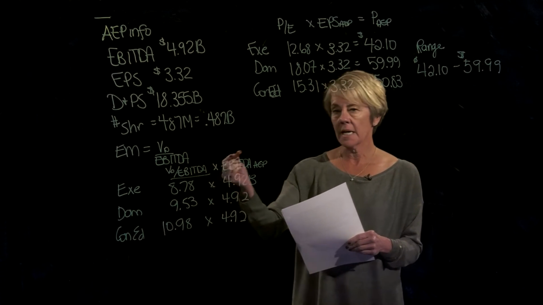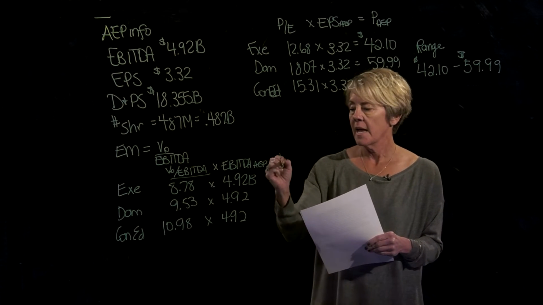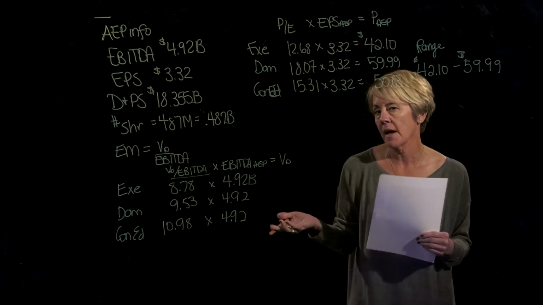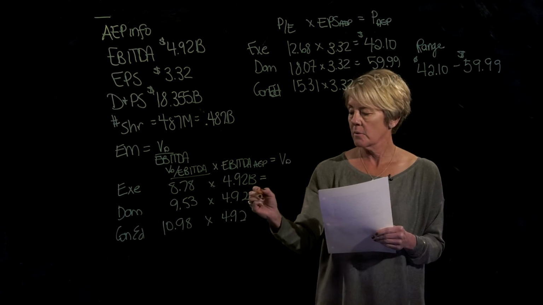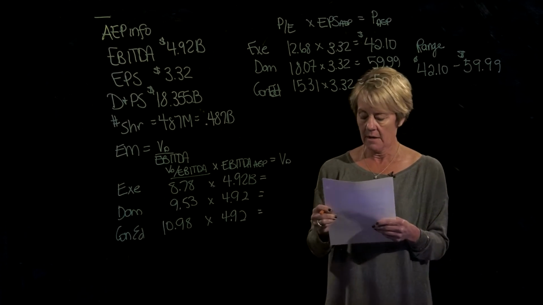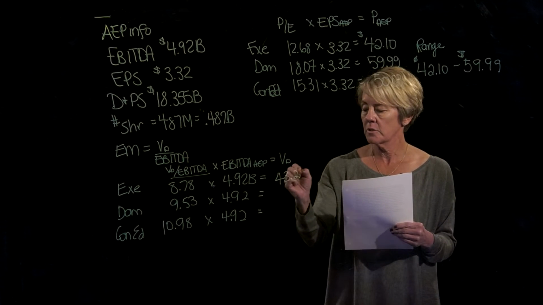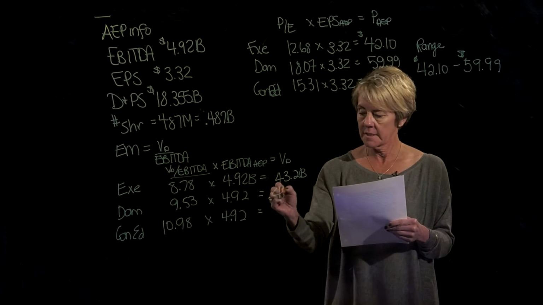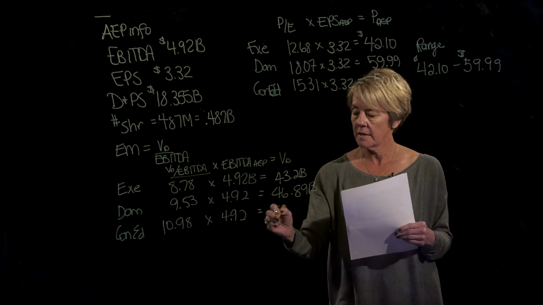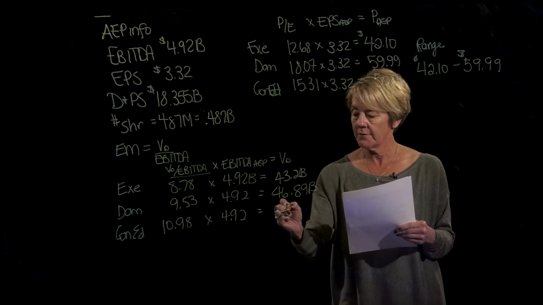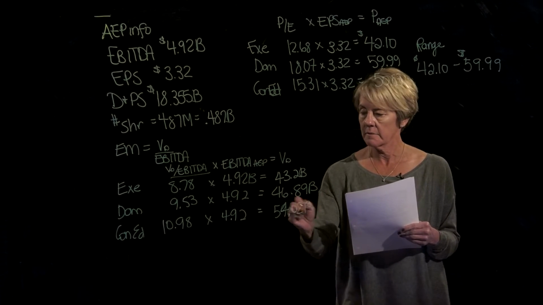you see that EBITDA cancels, and we're left with an estimate of the market value, the enterprise value of AEP. So when I multiply these out, I get 43.2 billion, 46.89 billion, and 54.02 billion dollars.